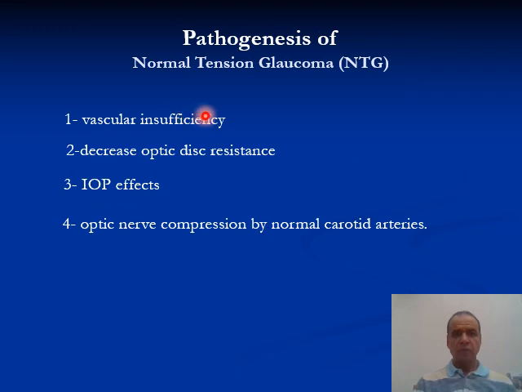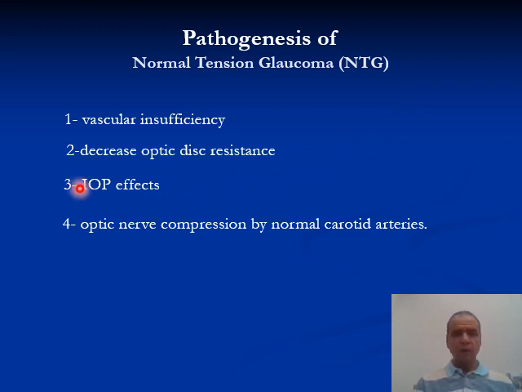The exact cause of normal tension glaucoma is not well understood, and various mechanisms have been postulated, such as vascular insufficiency of retinal and optic nerve blood vessels. Also, there is decrease in optic disc resistance to the ischemic and mechanical theory of primary open-angle glaucoma.